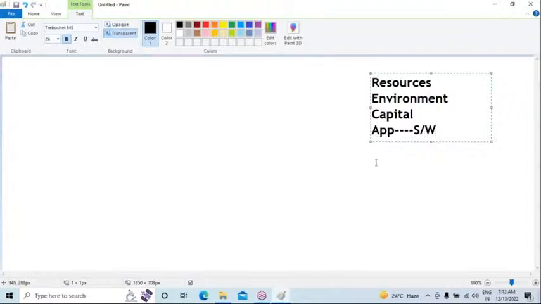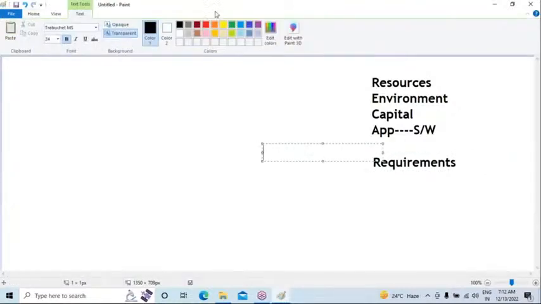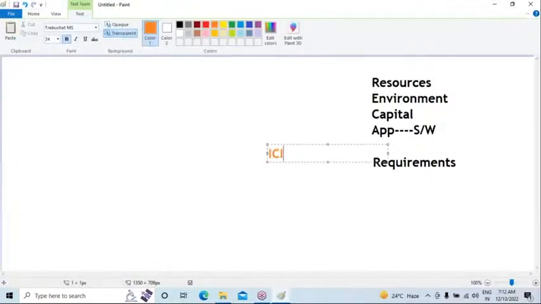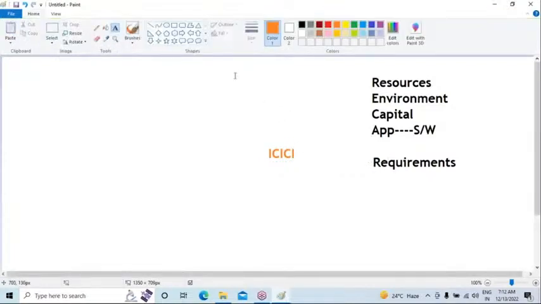Okay, and these are the requirements related to that. So for example, assume ICICI banking. Till now, they have not started the banking services in the market. If they need to start a business like banking services, what exactly do they require? They require the resources, the environment, capital.